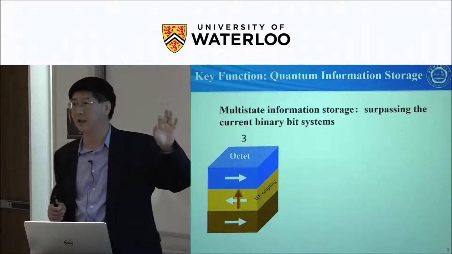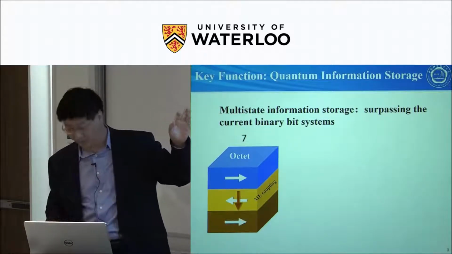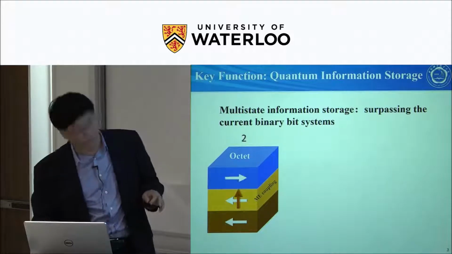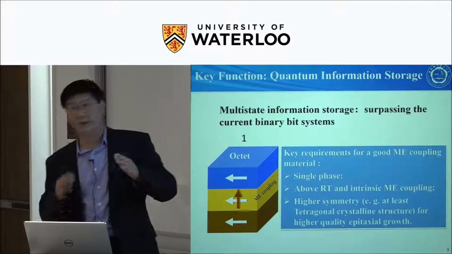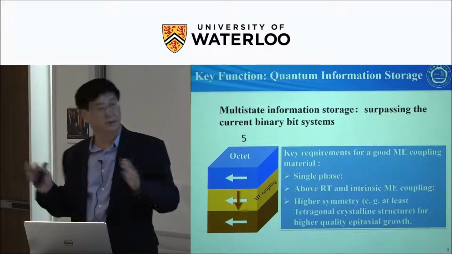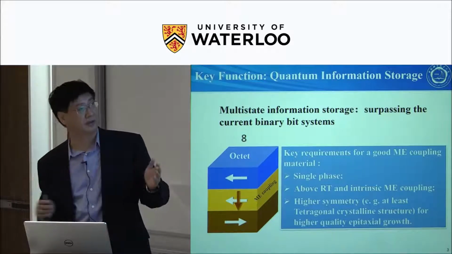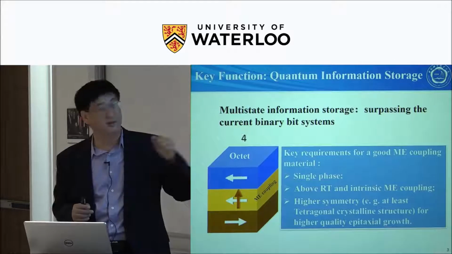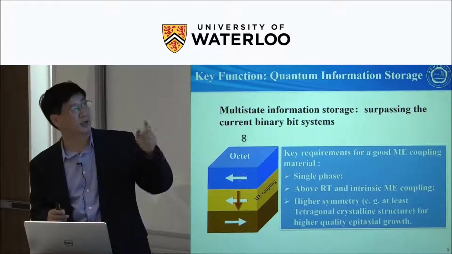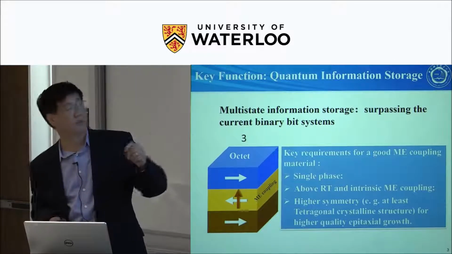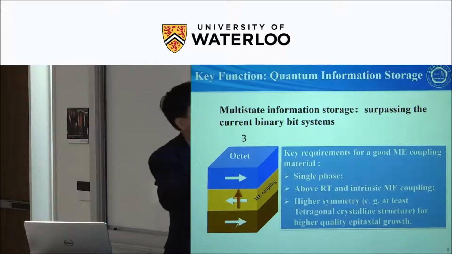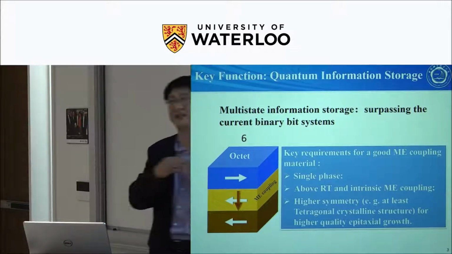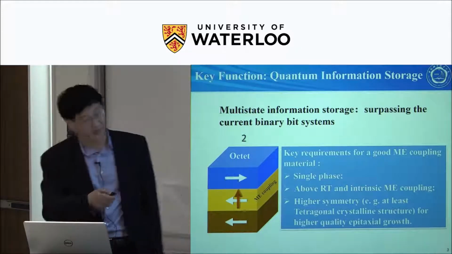This is one of the memories potentially to be used for quantum information memories. Then we need a material with really good magneto-electric coupling, which means we have a layer in here and a layer in here, and we couple these spin states. We need this material.